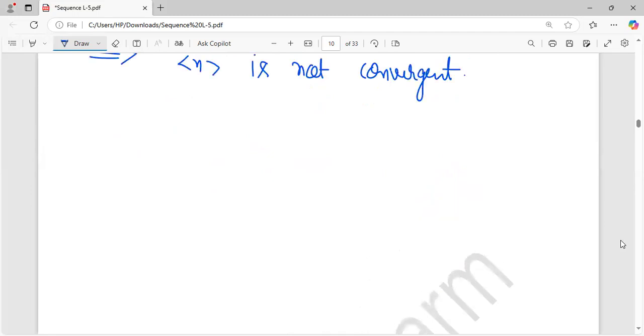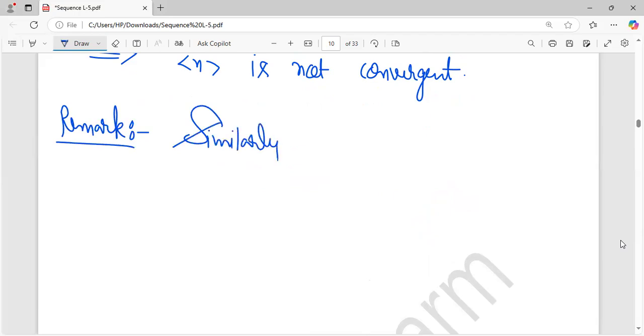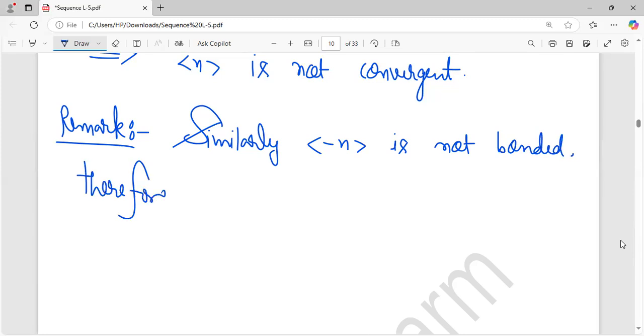Similarly, this sequence is not bounded, therefore it is not convergent.